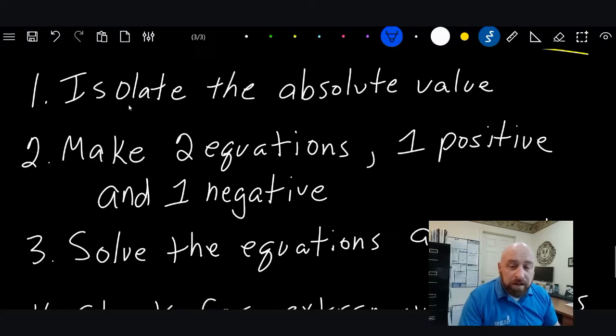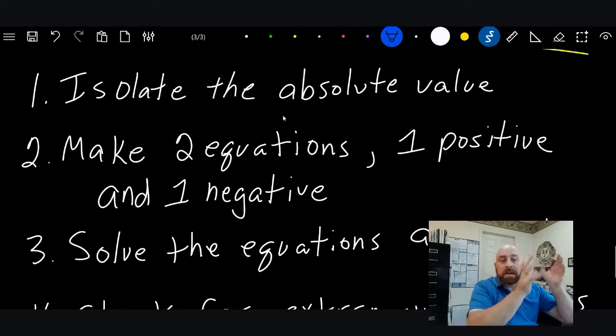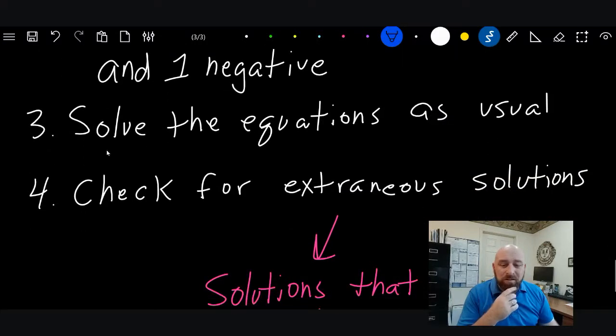Number 2, make 2 equations, one with the positive values and one with the negative values. We'll talk about why we would do that in just a minute. Number 3, solve the equation as usual. So just solve each one, the negative equation and the positive equation. And then last, we're going to check for extraneous solutions.